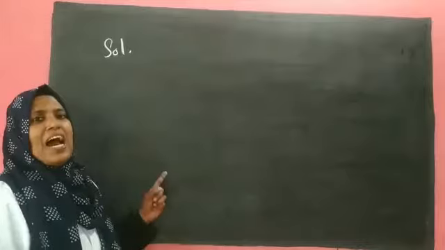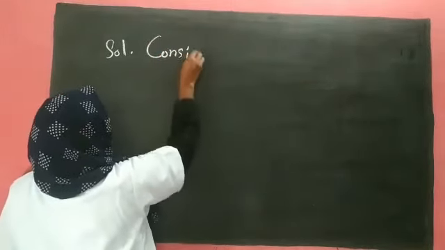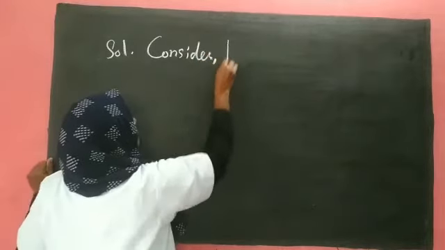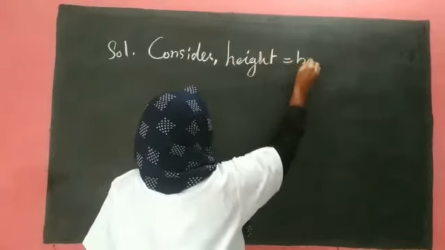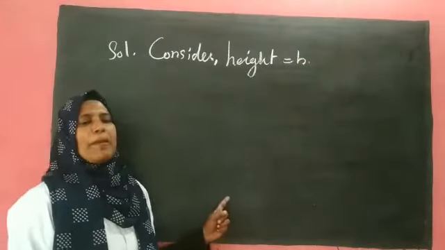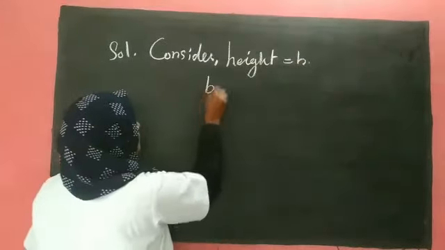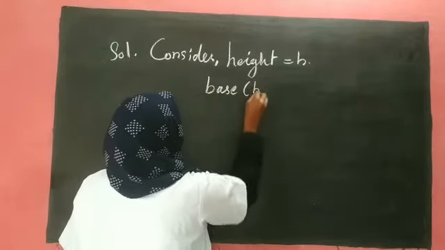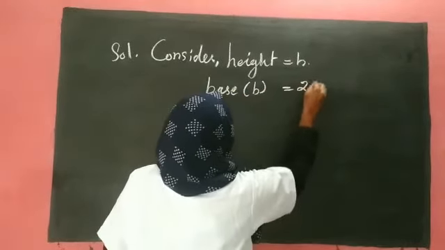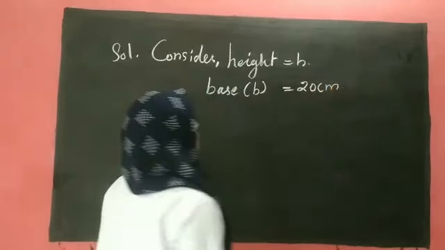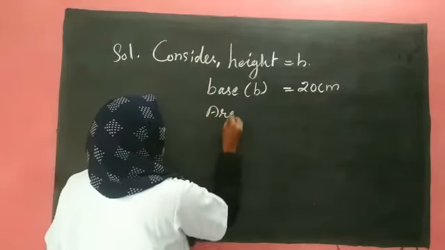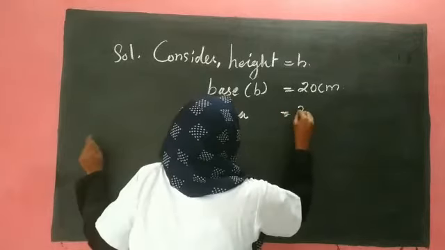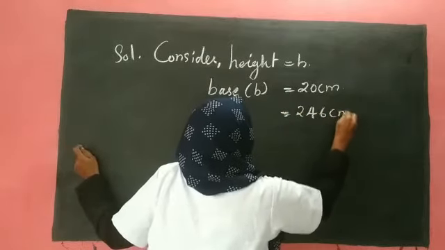So consider height is equal to x. Then base of the parallelogram is given, 20 centimeter, and also area of the parallelogram is given, 246 centimeter square.